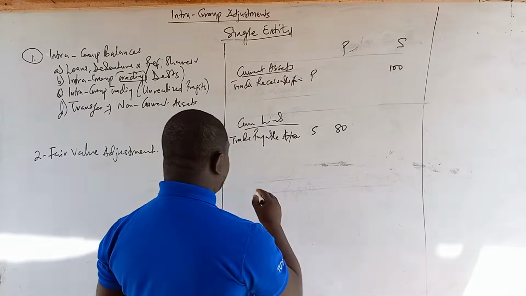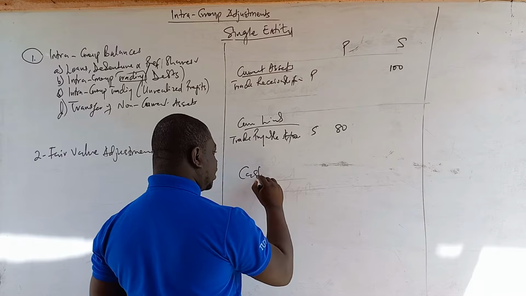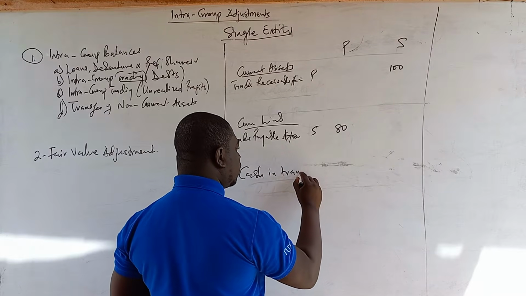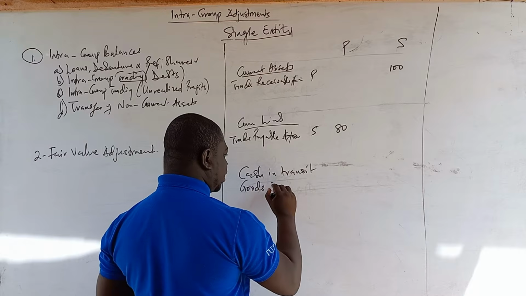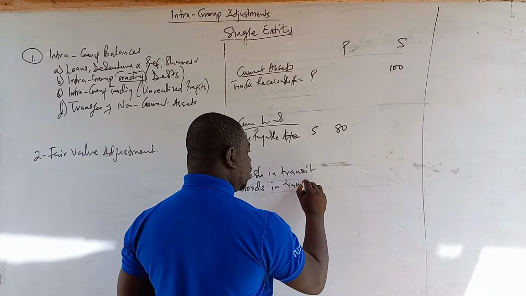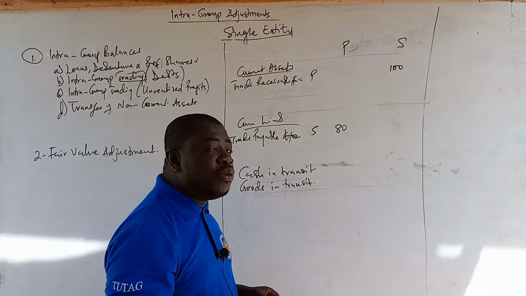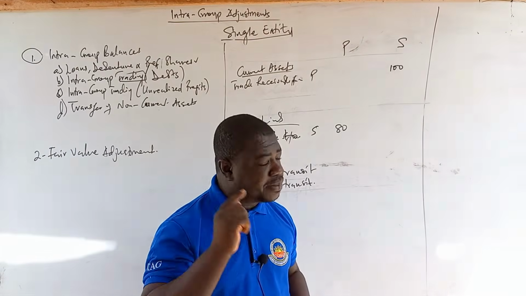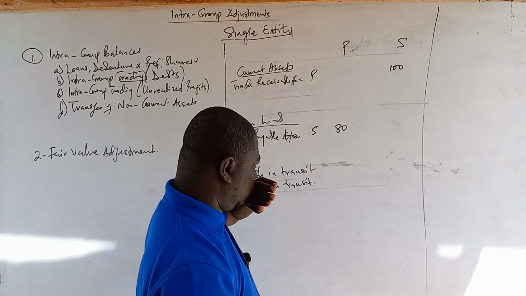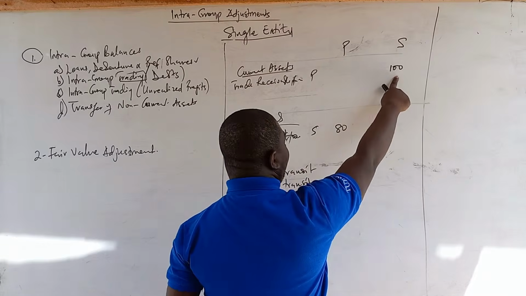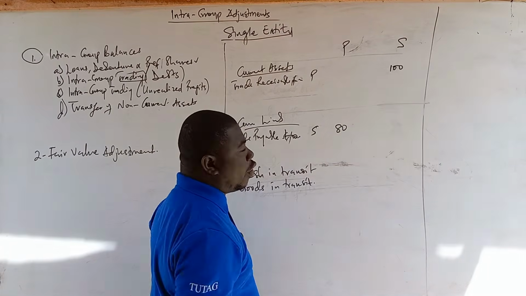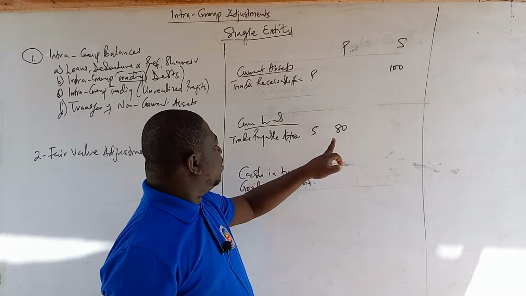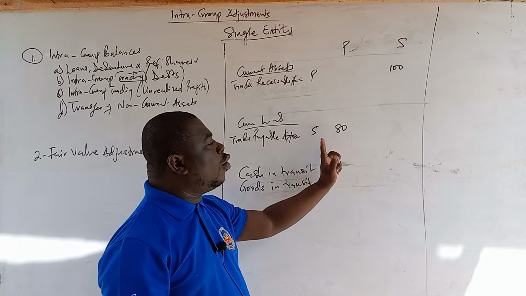It's either we are dealing with cash in transit, or we are dealing with goods, that is stock in transit. And remember that each of them will be treated differently, so please pay attention. Now, if 100 cedis is to be received from P according to the books of S, then P is saying no, we are only owing 80.